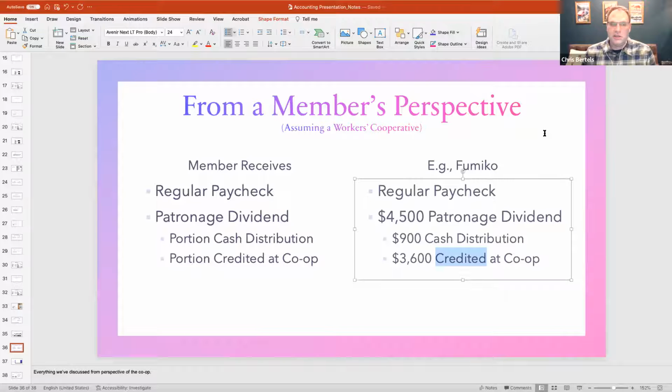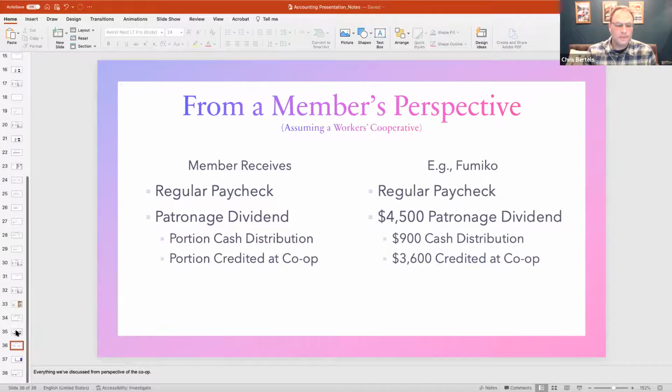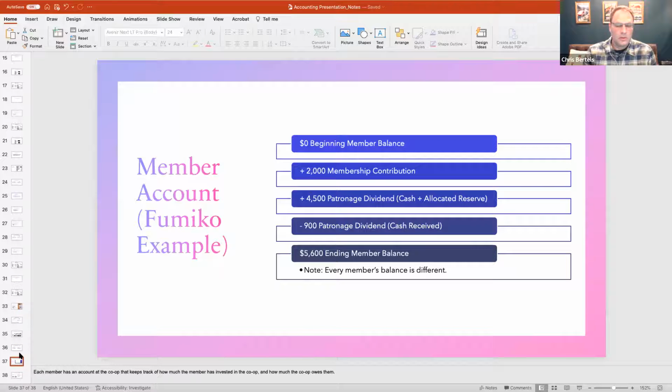So it's just recording. It's usually not going to be recorded on the financial statements of the co-op. It's going to be in some supplementary spreadsheet or some other way. It's just saying that the co-op is keeping track of how much they owe her. Okay, so they're basically going to credit the member account.